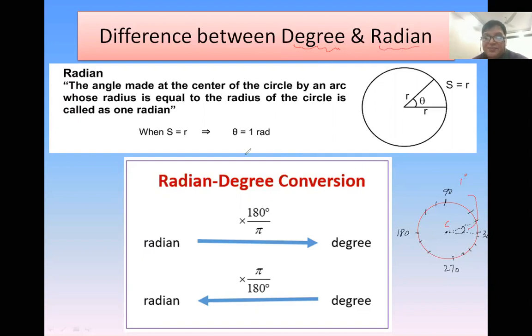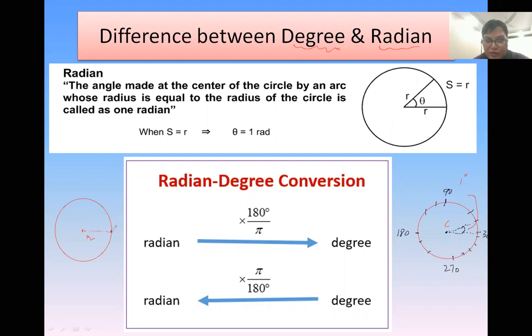Look at this one, my dear student. Again, look, it's a circle, please. Now you should move like this, my dear student. Let's say the radius of this circle is 2 centimeter or 3 centimeter.